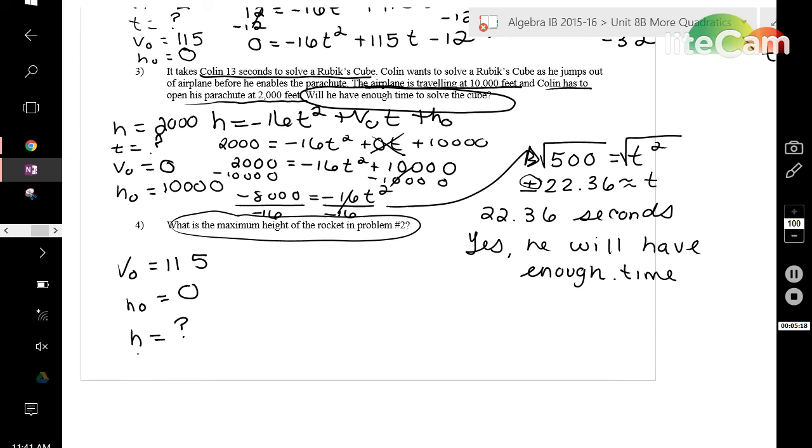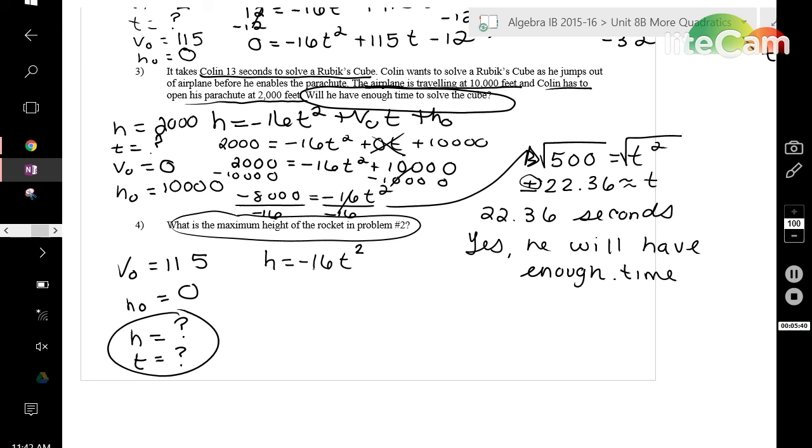We also don't have a time. We don't know how long it's going to take to get to that maximum height. Those are both things that we need to find to answer number 4. So to write the equation for number 4, it's not exactly the same as number 2 for the reasons I just said. You're not ending at 12 feet anymore. You want to know what the maximum height is.